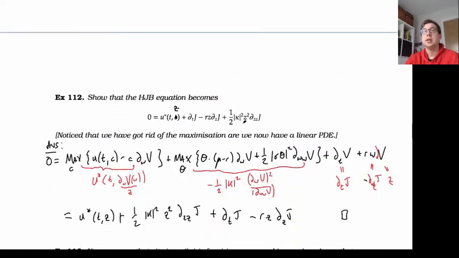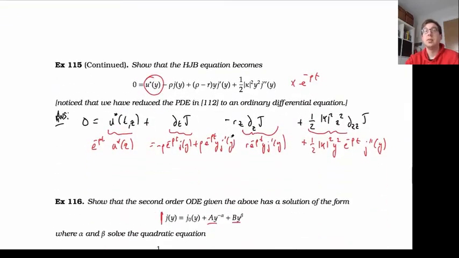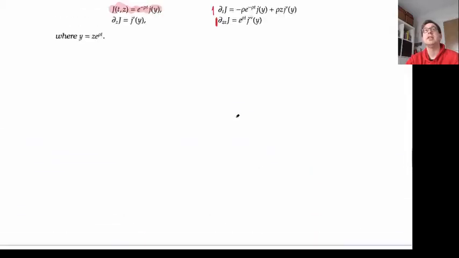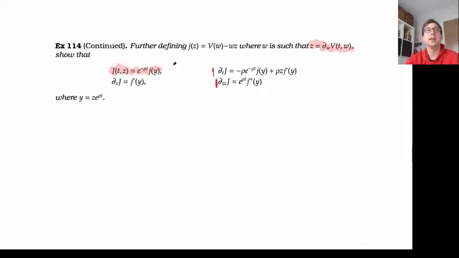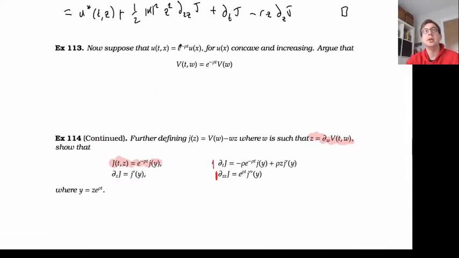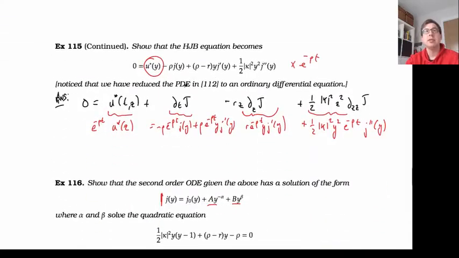So we can show that if we wanted to solve the Merton portfolio optimization problem for a reasonably general utility function, let's say of this form, then it comes down to solving this ordinary differential equation.